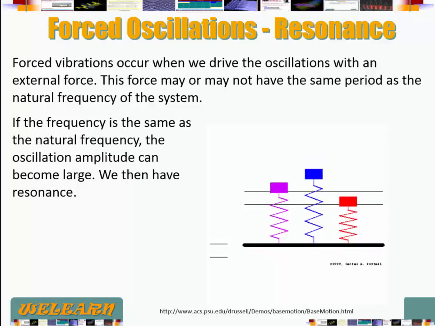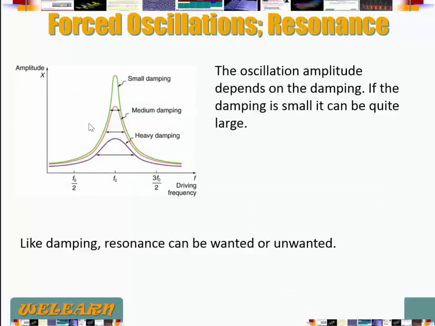Now, in general, this is what happens to the amplitude of oscillation. And here we have 3 curves that depend on the kind of damping we have. If we have a lot of damping, if the driving frequency, the external force, matches with the resonant frequency, which is the frequency that we calculate by using M and K if it were a spring mass system, or L and G if it was a pendulum, so that's what we call F0.